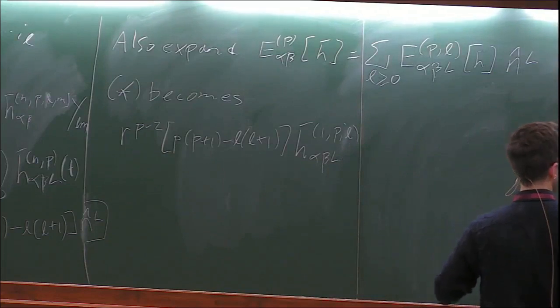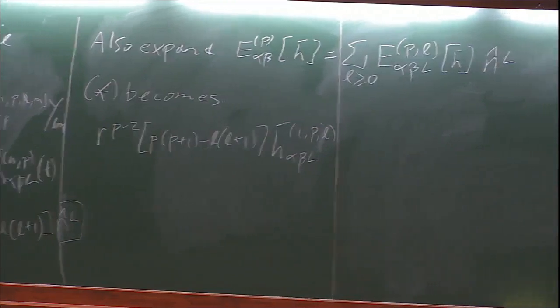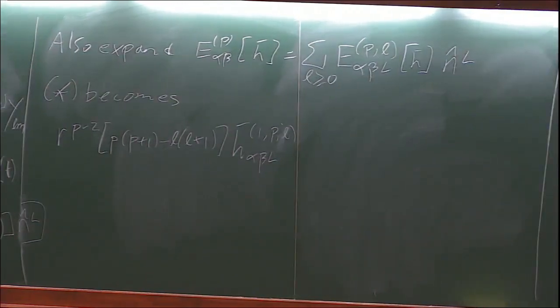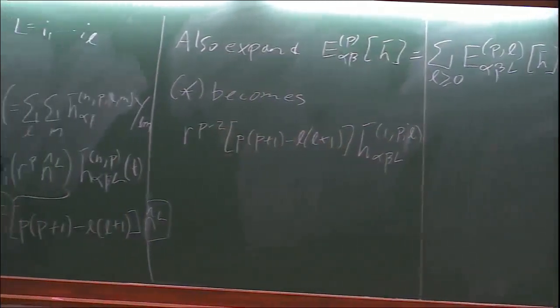So I'm going to add a superscript L label just to handle the case where that's 0. Where did I write that expansion? Over here. Okay. Put in a superscript L here.